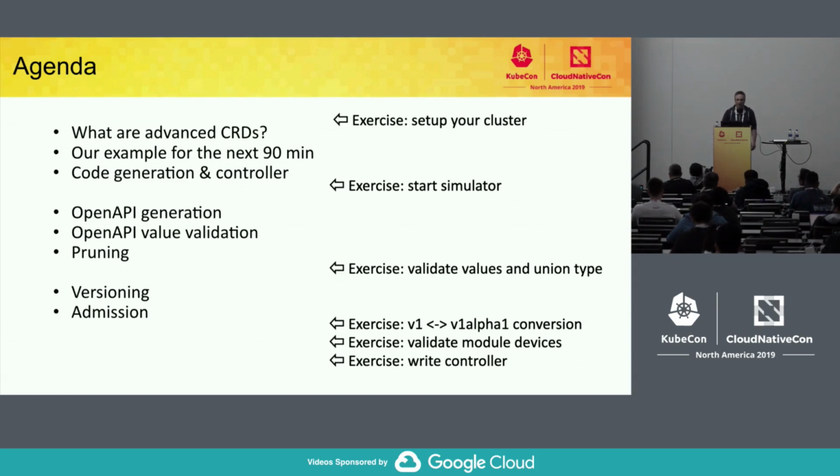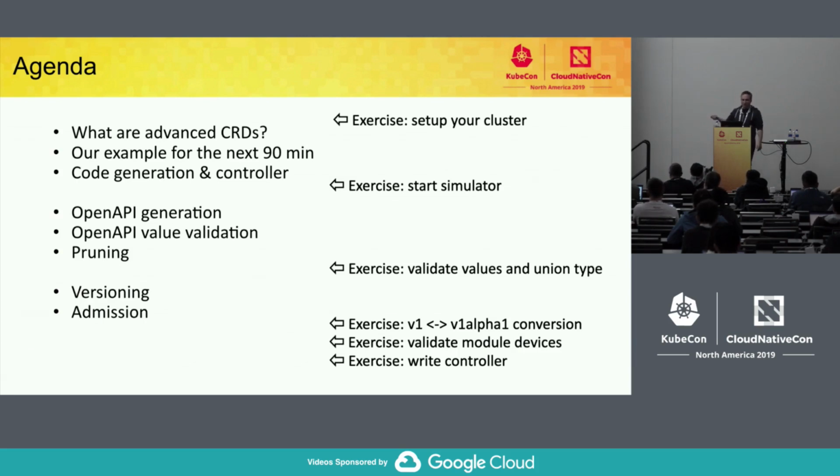The first thing we did already. Joe will introduce the example in some seconds. We will use code generation, especially this controller-gen tool. You will start the simulator and all the components of this example and the simulator. We will go into OpenAPI generation because it's not so new, but this generation is new, and we want more people to learn about controller-gen and how nicely it works and makes everything about OpenAPI much easier.